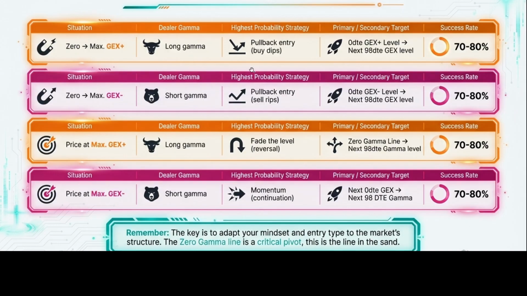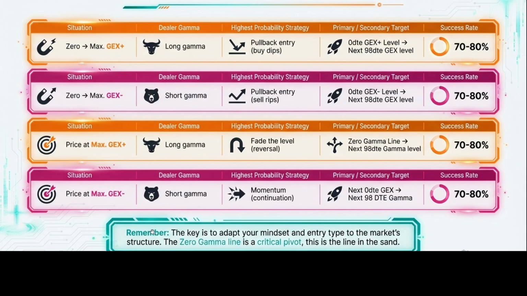Okay, this is only a cheat sheet, and you have all this information in the channel. You can download it from there and study this infographic, which can give you a lot of knowledge about how to use this for your day trading.